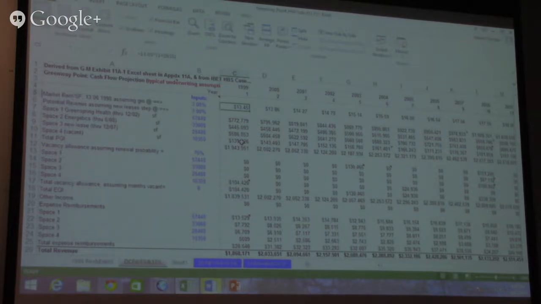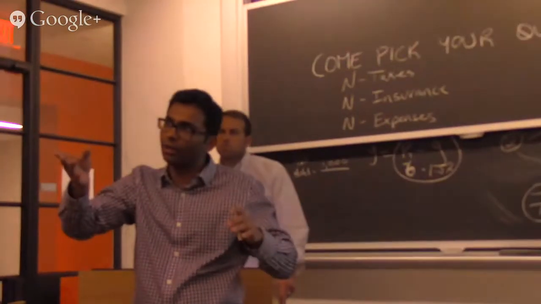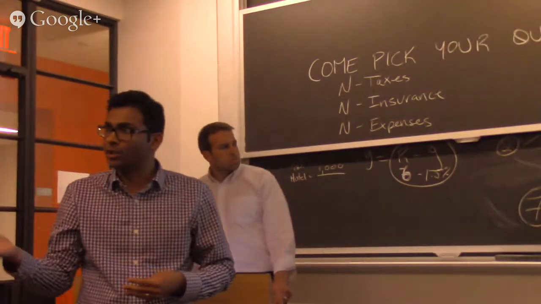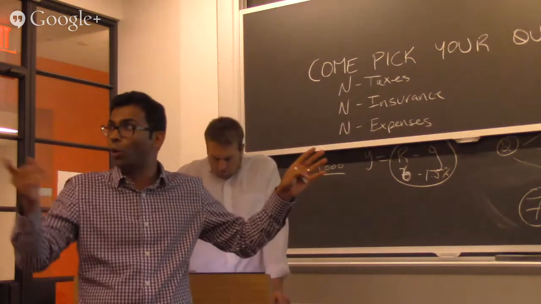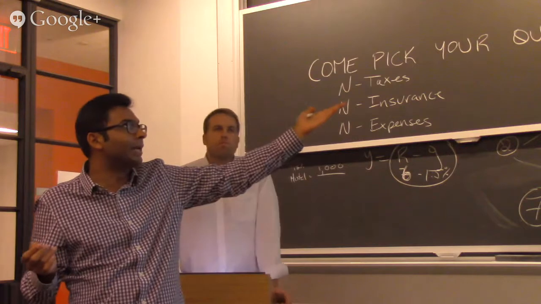How do you generally use the model to account for varying potential market rents? Like a probabilistic way of doing market rents? Yes. We generally do it in Argus. Excel is not really the best way to do all of those probabilistic things.